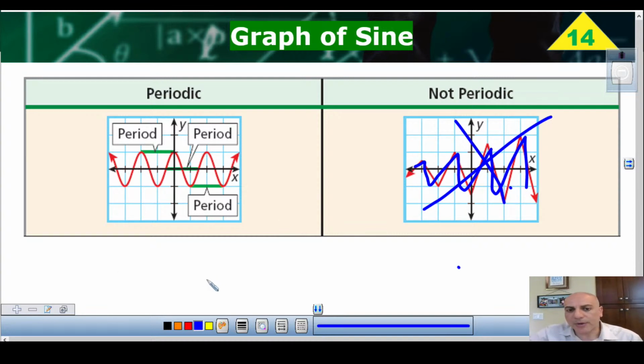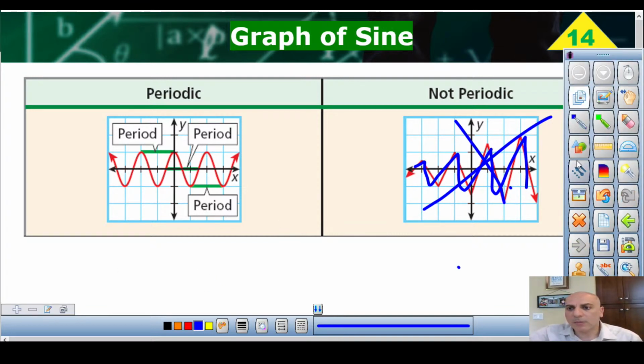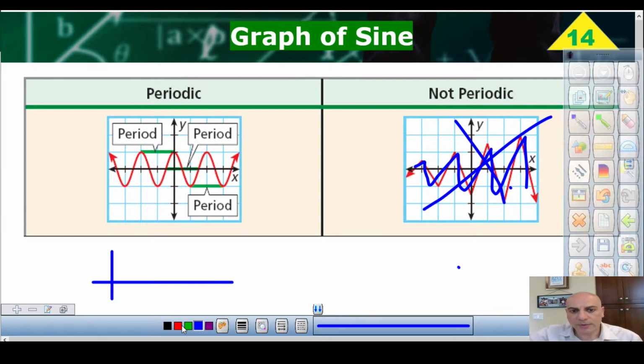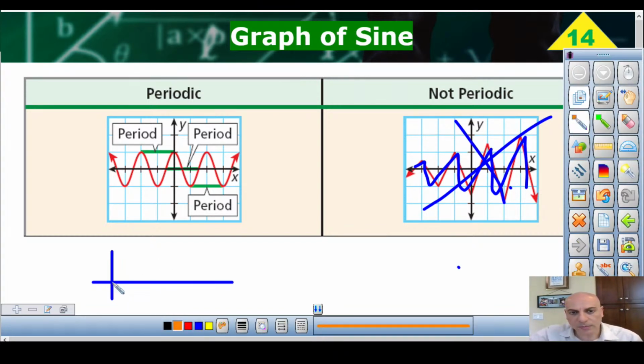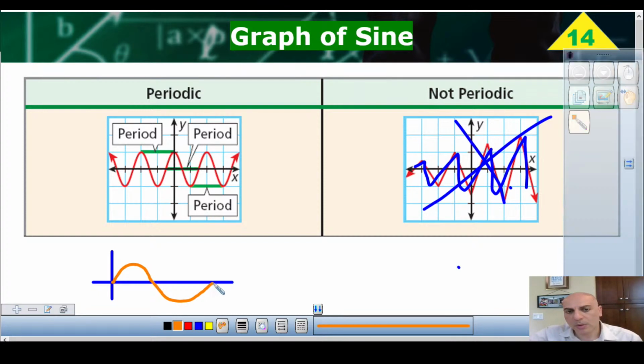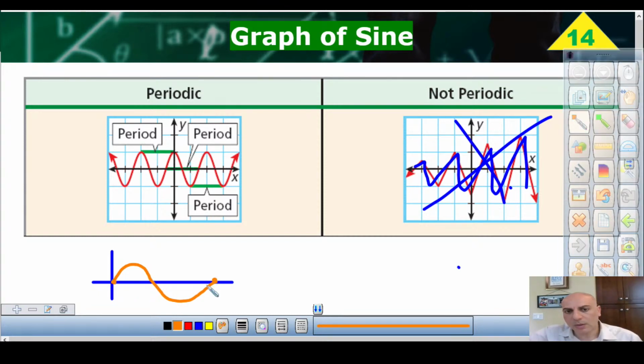So another example of a periodic function would be, let me show you this one here. Maybe I have a graph like this, and another one like that. Let's say I'm going to start from 0. So I'll start from 0, go up, then go down, and go up. Okay, I stopped here. And then I'm going to try this again. I'll go up, go down, go up.